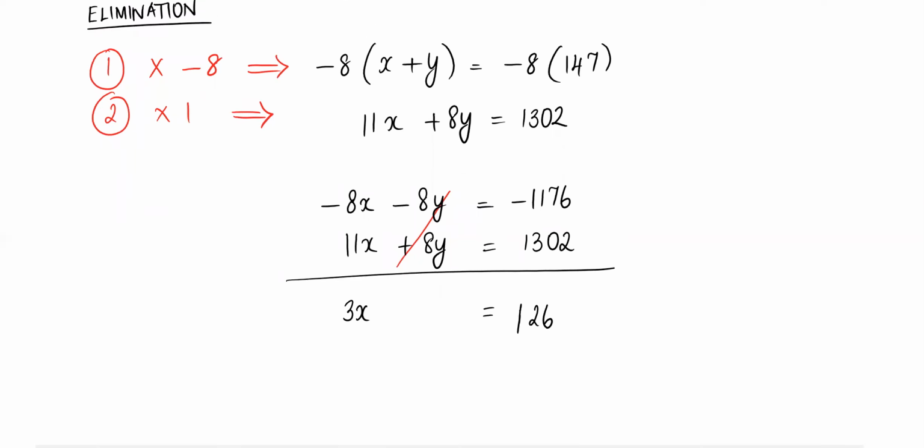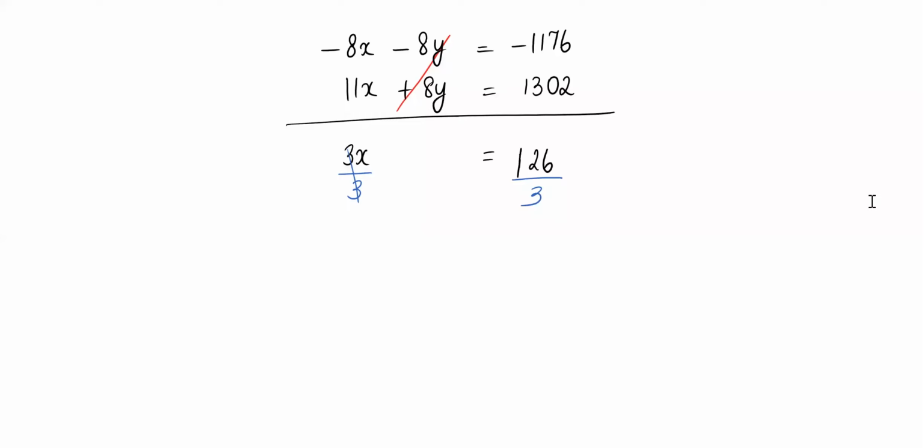Then you divide by 3 on both sides. Using the calculator, let's see what that gives us. That gives us x equals 42. Then substitute x equals 42 in equation 1.